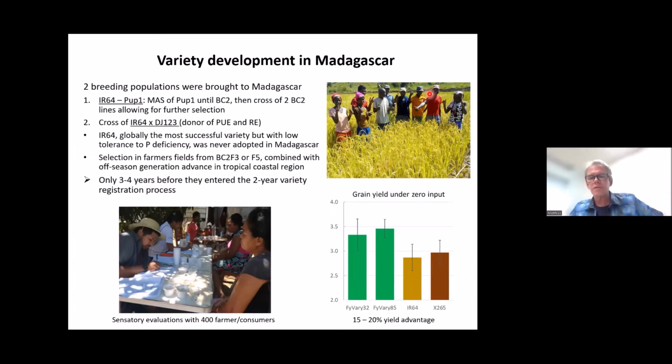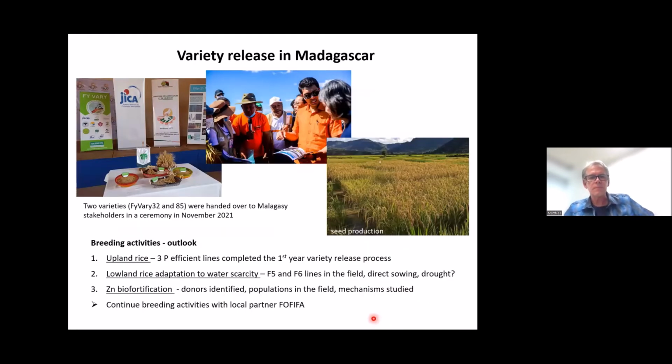This involves farmer participatory evaluation, so we often get feedback from the farmers that we work with. It also involves sensory evaluations to make sure that the taste and other cooking qualities are acceptable. And of course, we have to worry about grain yield, which we improved by about 15 to 20% in this case.